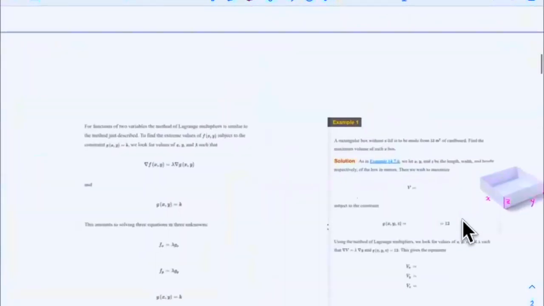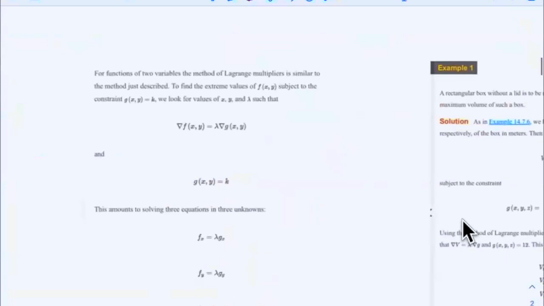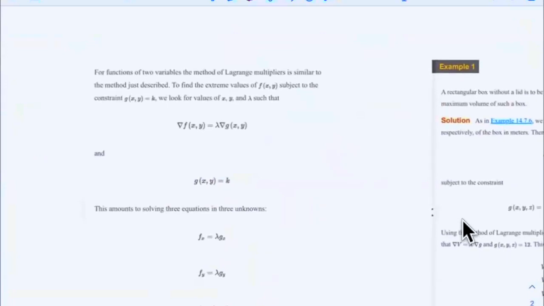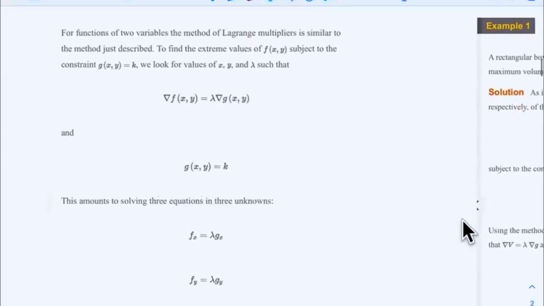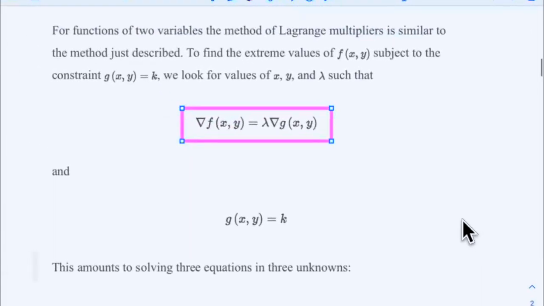Now that was a function of three variables. A function of two variables is similar. We have to solve for x and y so that the gradient of f is lambda times the gradient of g, and also satisfy the constraint equation.